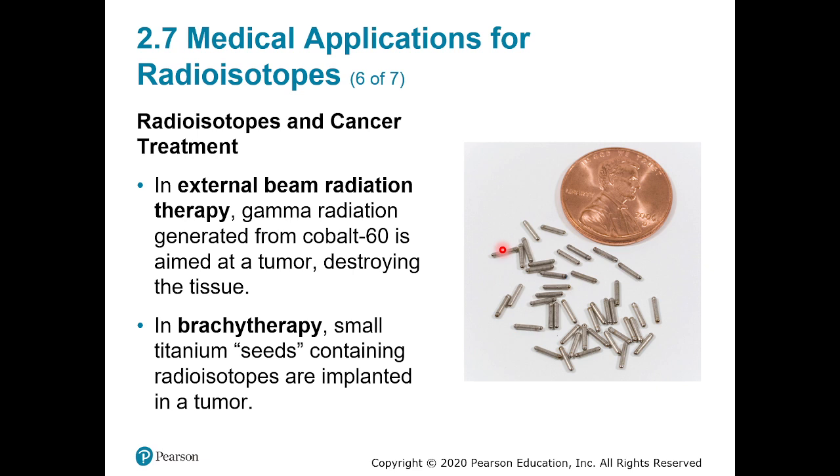What ends up happening is the radiation from those will slowly kill off the tumor. Now, this would usually leave behind these rods, and so normally you would have to go back in and retrieve them. Though I do wonder the amount of damage it would cause to leave the rod in. That would be interesting, a long-term study to see what sort of damage that does, but I don't think anybody's going to volunteer for that one.